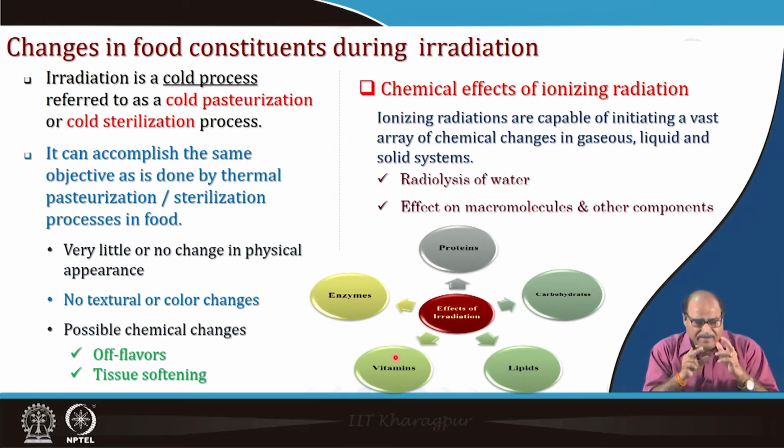Let me tell you that ionizing radiations are capable of initiating a vast array of chemical changes in gaseous, liquid and solid systems. It may include radiolysis of water, or it may include the effect on macromolecules and other components like protein, carbohydrates, lipids, vitamins, enzymes, etc.